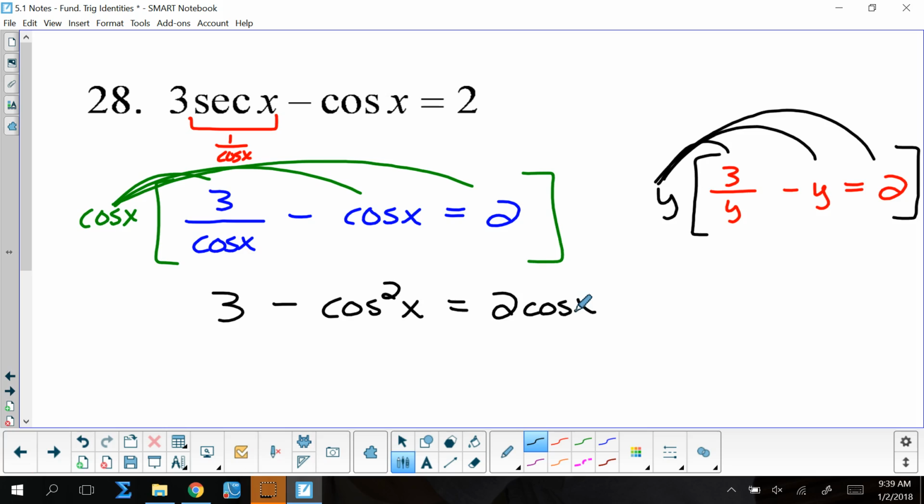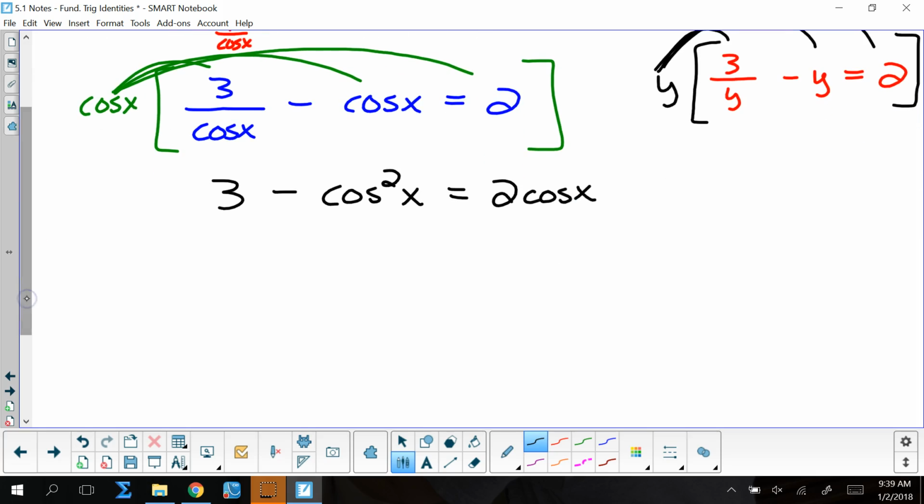Okay? Now what? Put what on the right? Everything. Moving, and why do we move everything to the right and not to the left? Because we like positive squared terms. Yep. Okay. So I'm going to subtract 3 and add cosine squared.